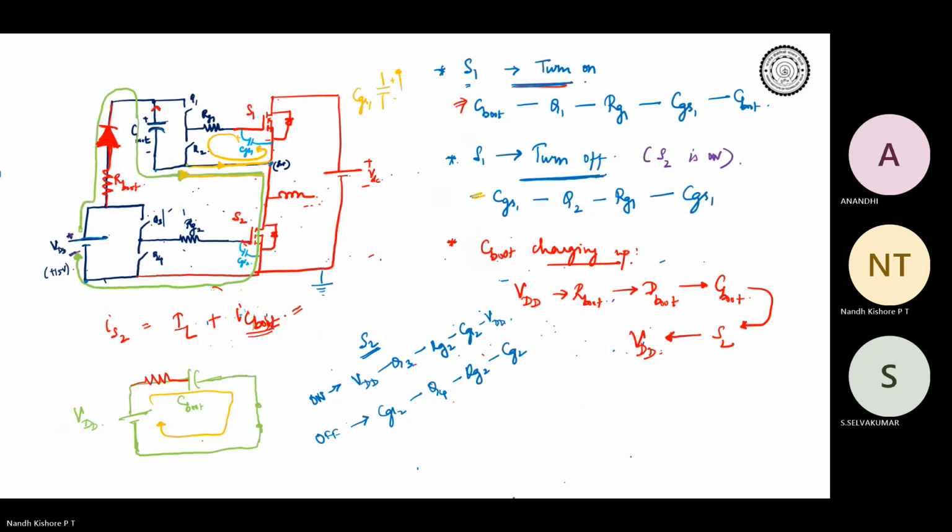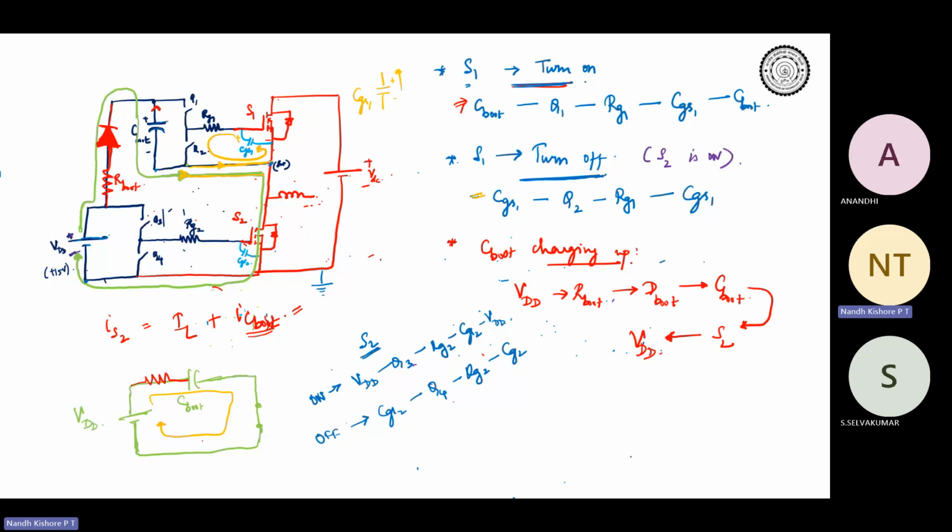This is the path of charging for C boot, and we saw that we have to limit the current during charging. That is why we added a bootstrap resistance R boot. We also had to make sure that there is no backflow of current from C boot back to VDD. That is why we added a diode, which makes it unidirectional.